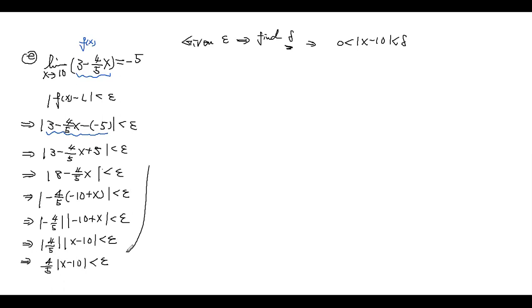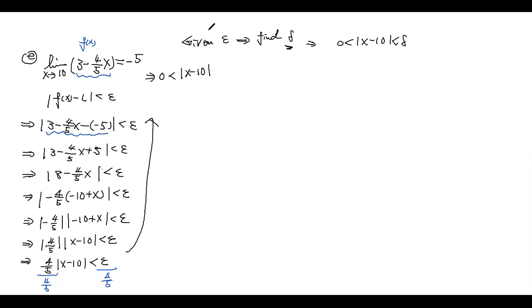Then what you do here is you multiply by 5/4. So this will be the absolute value of x minus 10. We know the absolute value is always greater than or equal to 0, right? So this is always greater than or equal to 0. Then you divide by 4/5 on both sides, like you do in algebra.